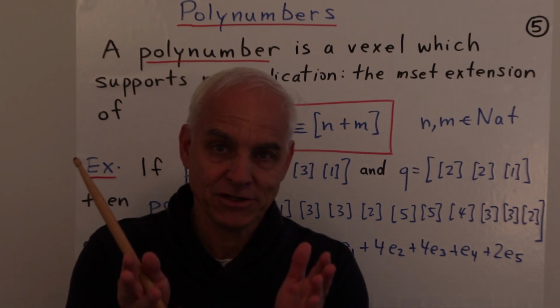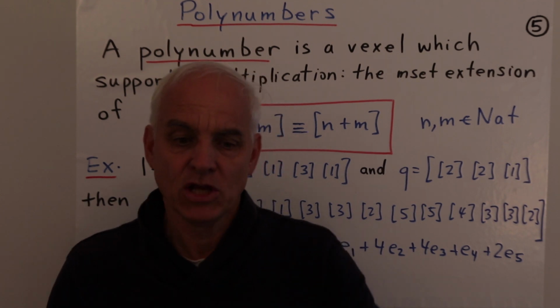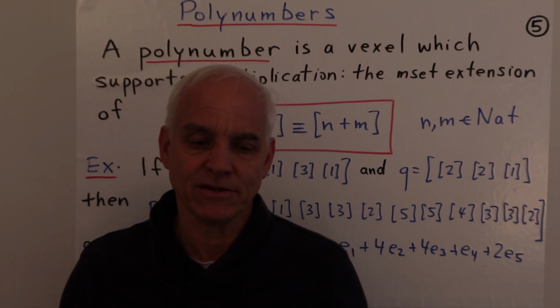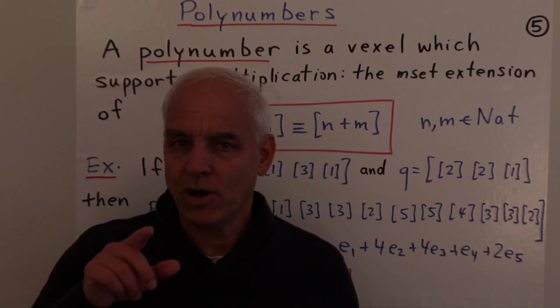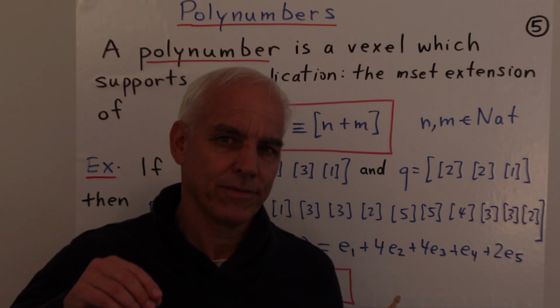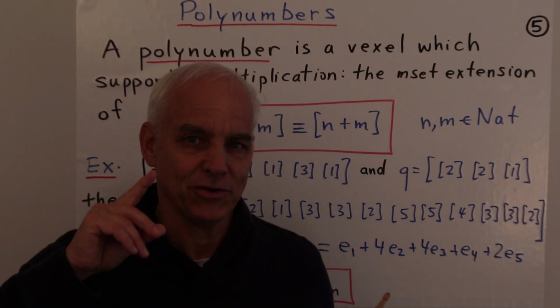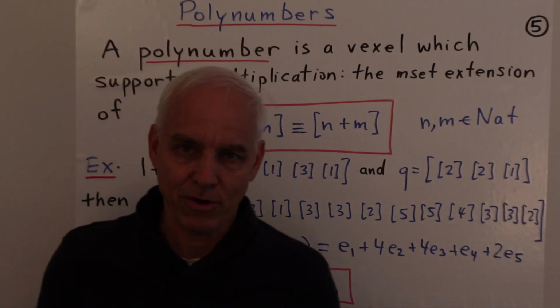Vexels can be added. We can take scalar multiples. We can take linear combinations of vexels. So we get linear spaces of vexels, and it's a very flexible notion. But what we want to do today is use this framework to go in the direction of polynomials and introduce these things called polynumbers. So what is a polynumber?